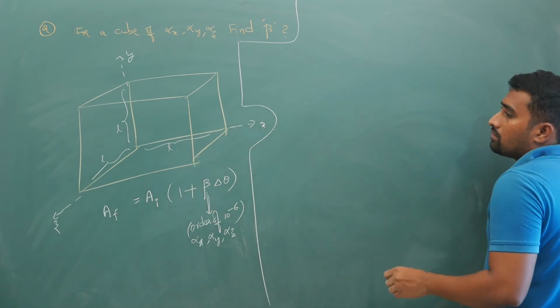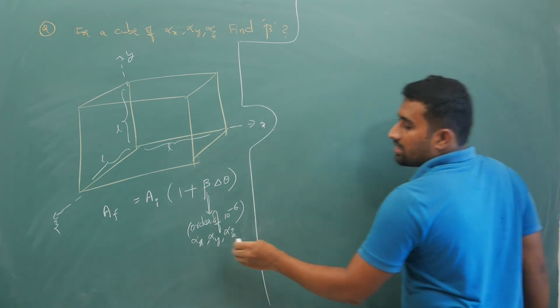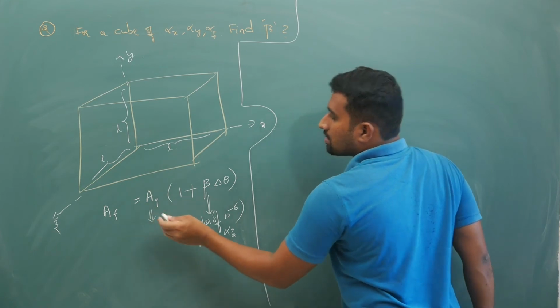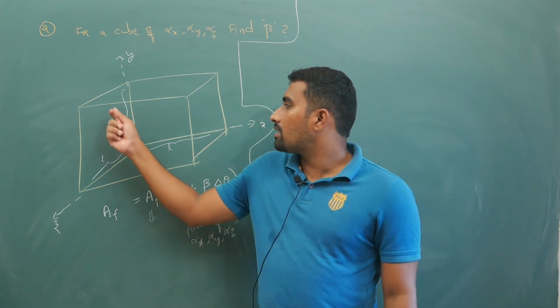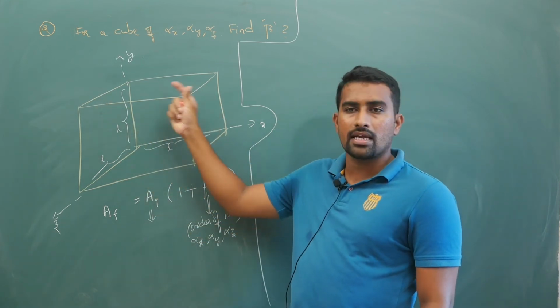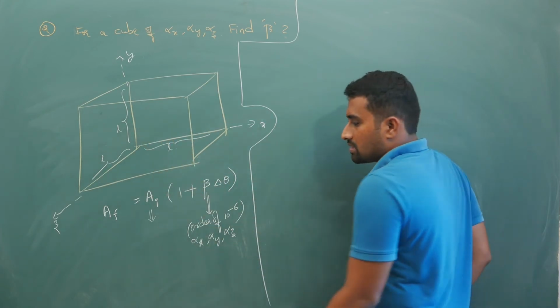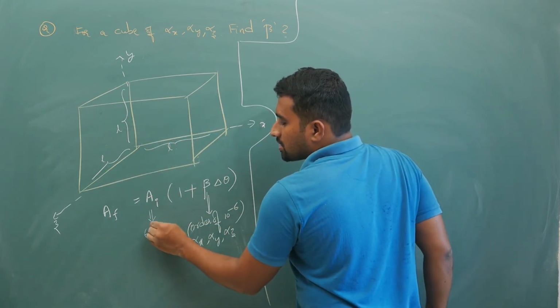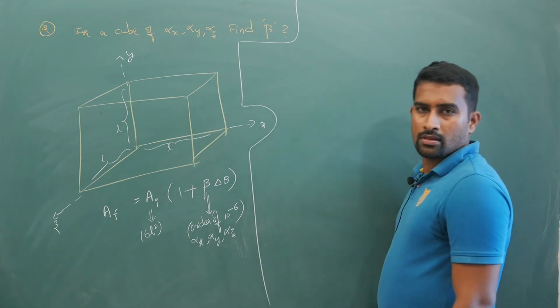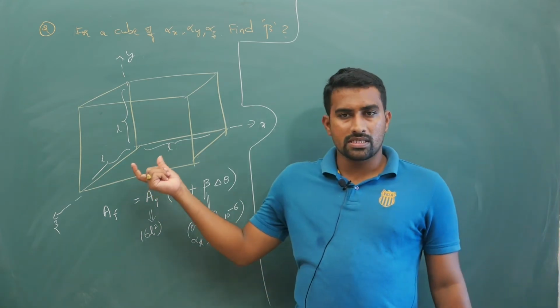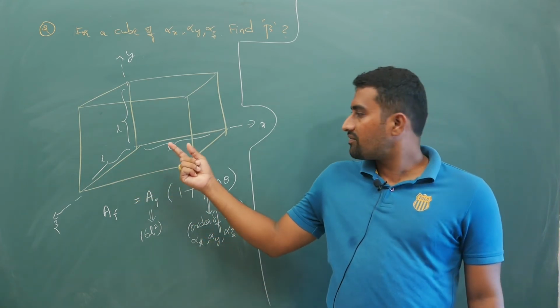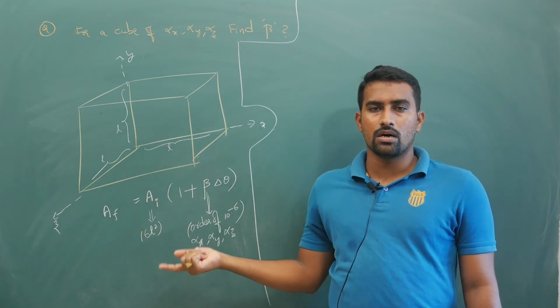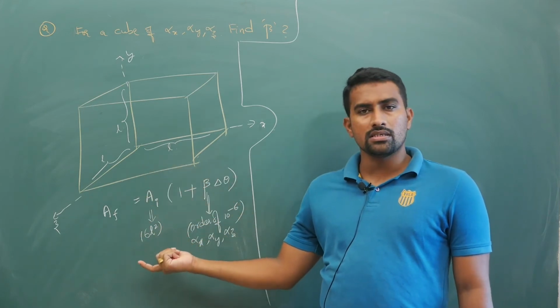First, your initial area: for a cube all sides are equal, each face is L square, and there are totally 6 faces. So your initial area is 6L square. The cube side length is L, each side is a square, all sides are equal, so it is basically 6L square.